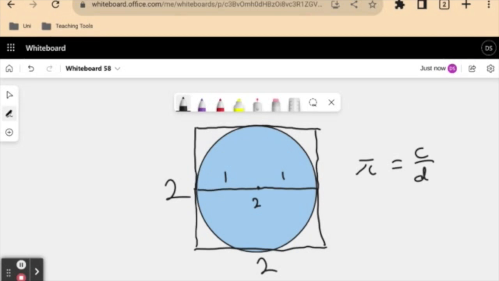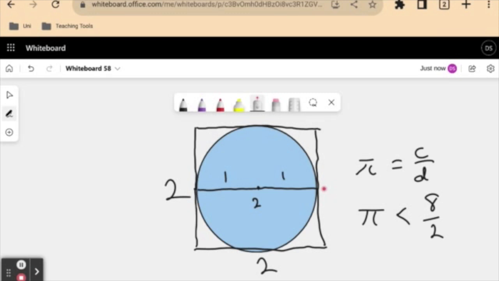So we can say here that our pi is going to be smaller than the perimeter of the square here. So it's going to be smaller than 8 over 2 because my diameter is 2 and my circumference, well, the border of my square is 8.